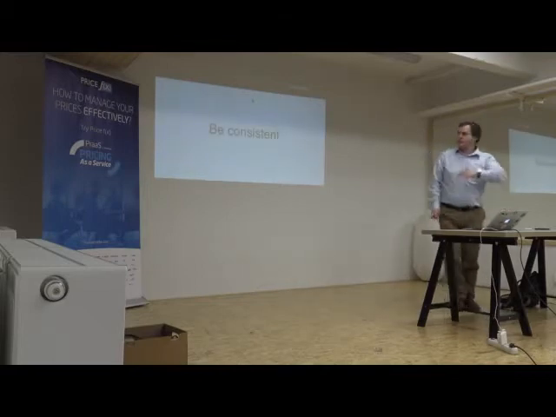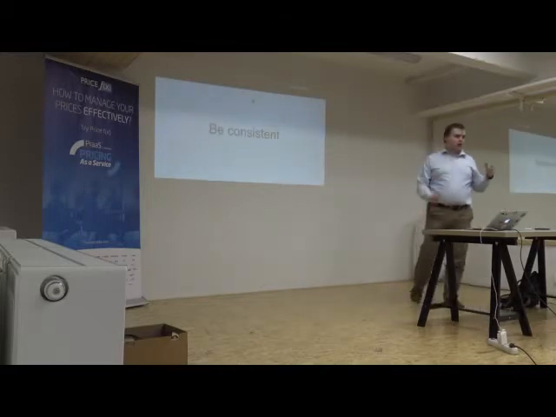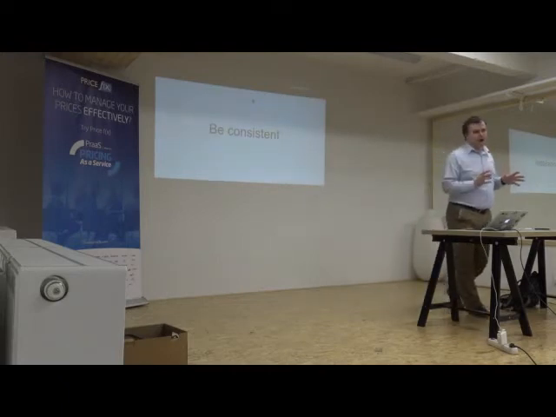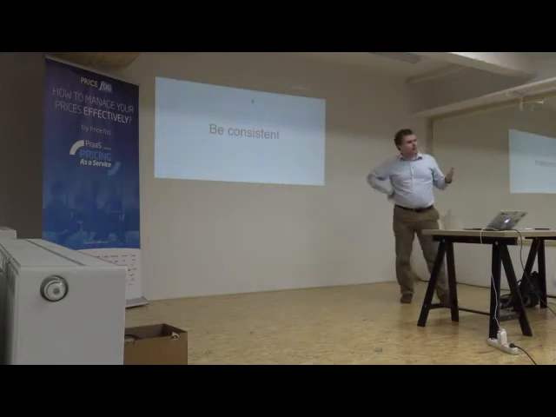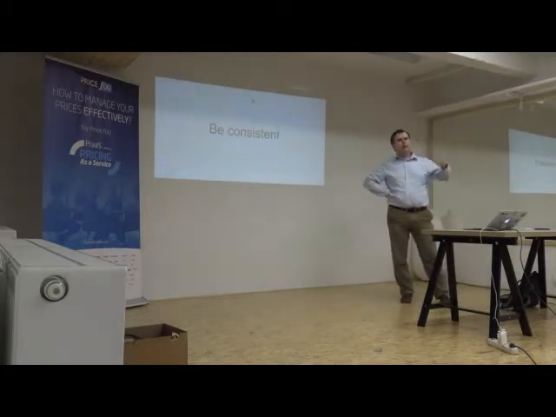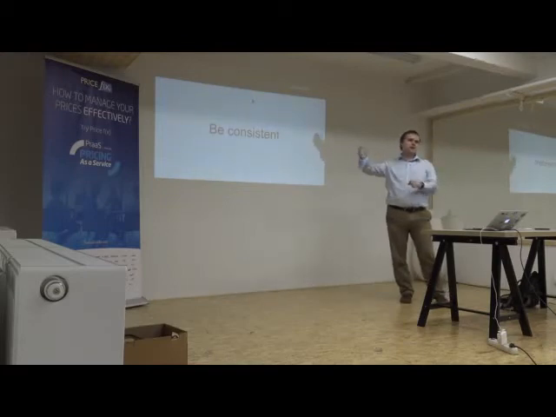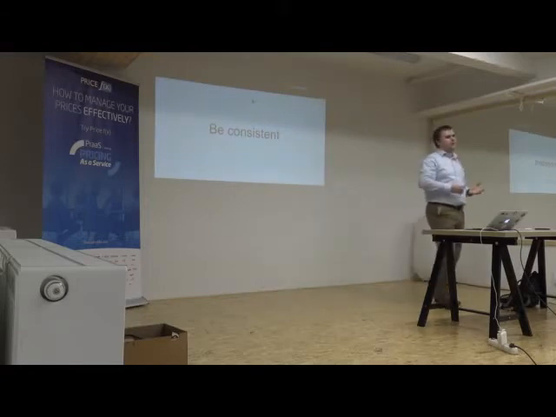Be consistent, I said this already. All of the parts of your API should behave the same way. For example, all the error pages should be in the same format. If you have an API that returns errors in JSON, and there is a CDN, and when your backend stops working, you should provide the information in the same format.